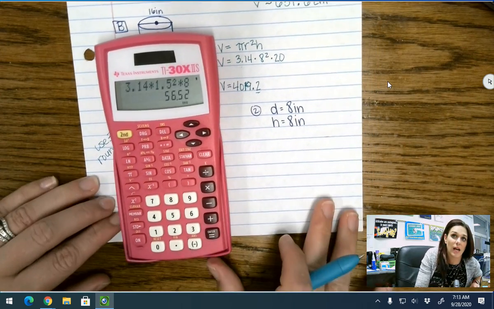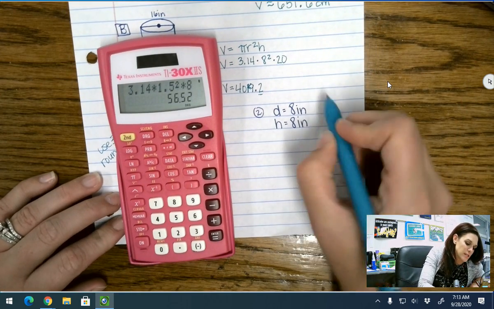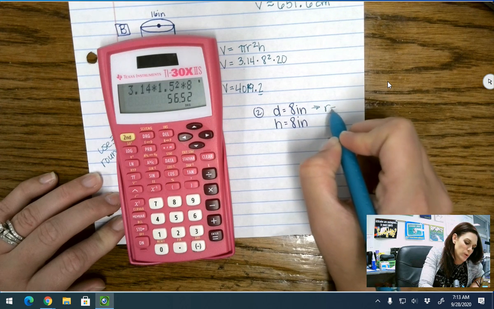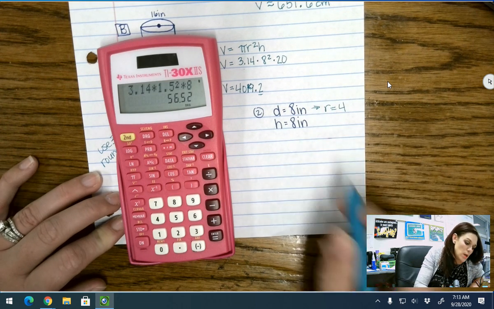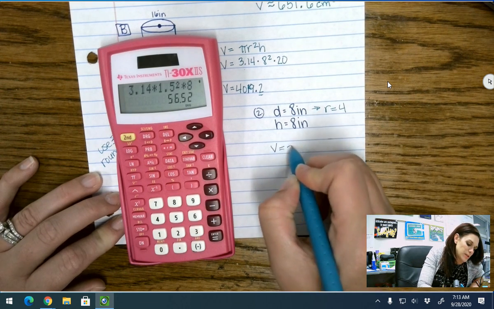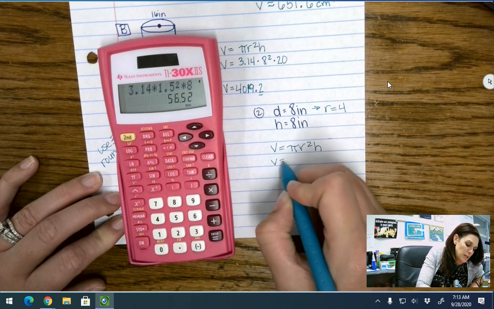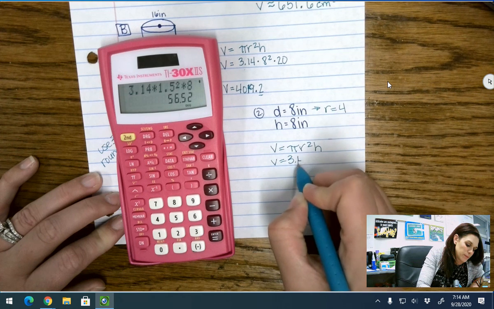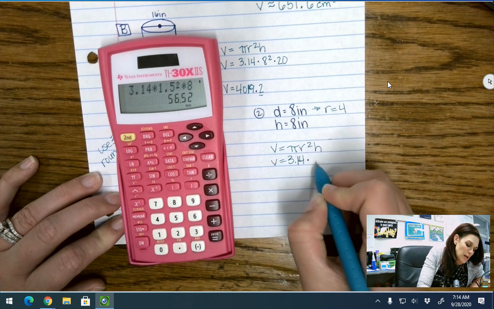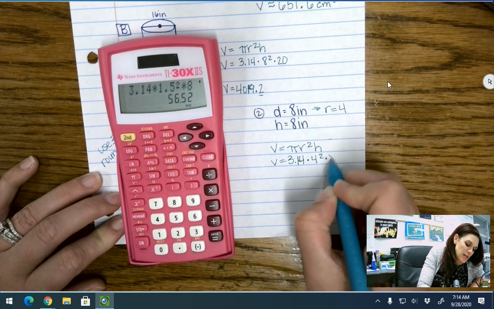All right, let's take a look at this other problem. All right, so we need to find the radius. The radius would have been 4. So we've got volume equals pi radius squared times height. Volume equals 3.14 times 4 squared times h.